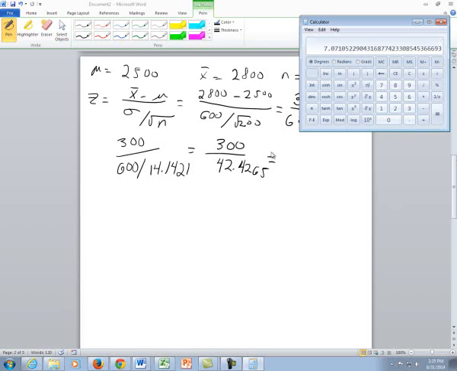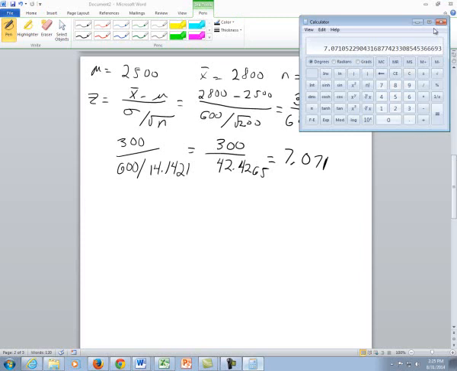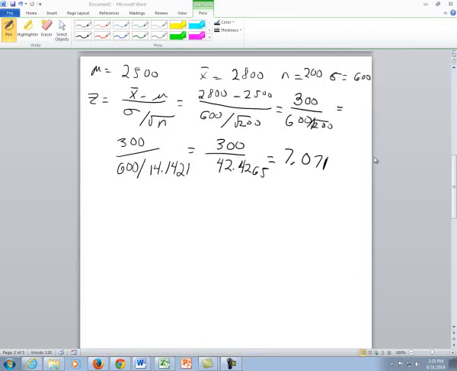It's going to give us a test statistic of 7.071. Remember, we always round this one off to 2 decimal places. So our z statistic is equal to 7.07.